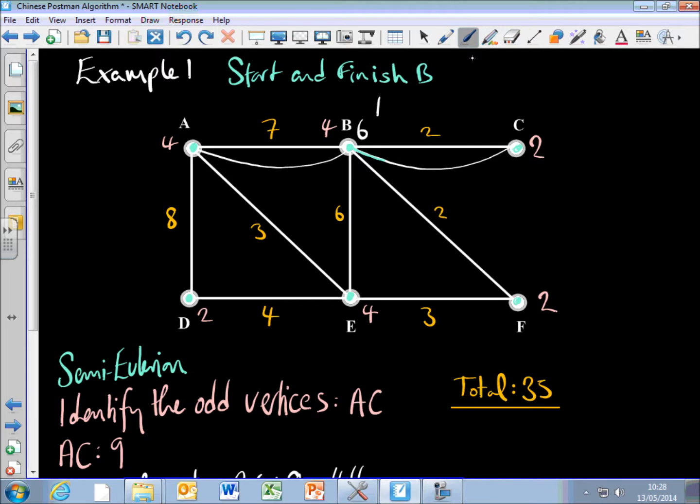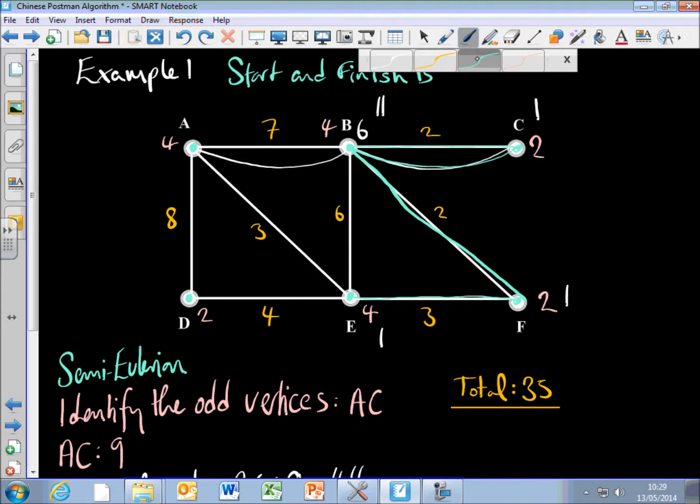I'm going to travel B to C. I'm going to stand next to a statue there. I then travel C back to B, and I stood next to a statue again here. Then let's go B to F, and I stand next to a statue there. And then I go F to E, and there's a statue there I stand next to.